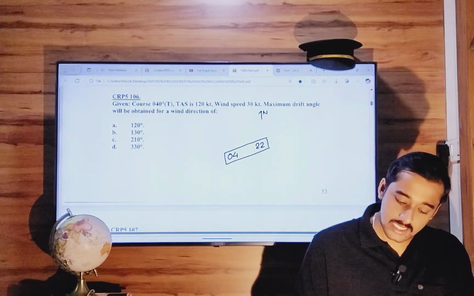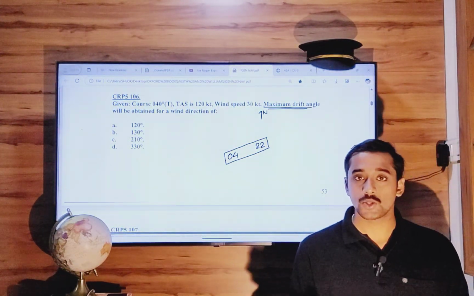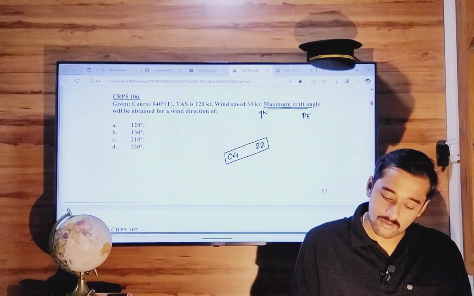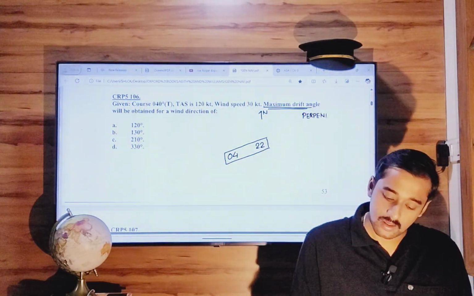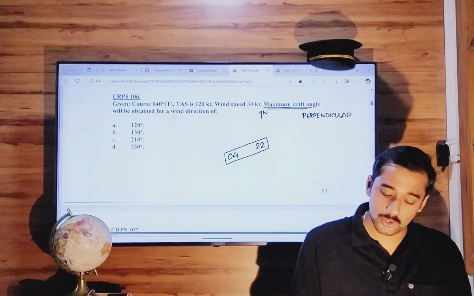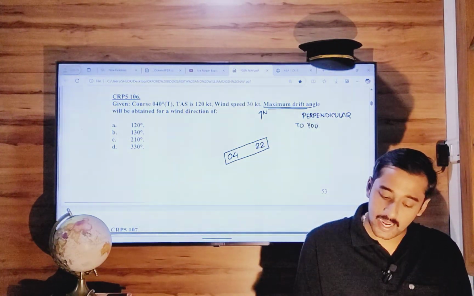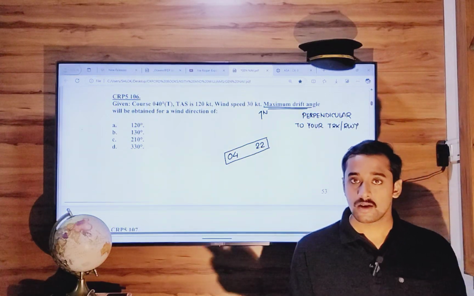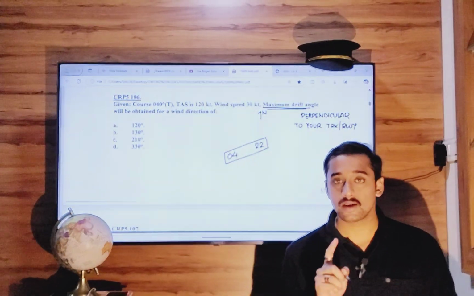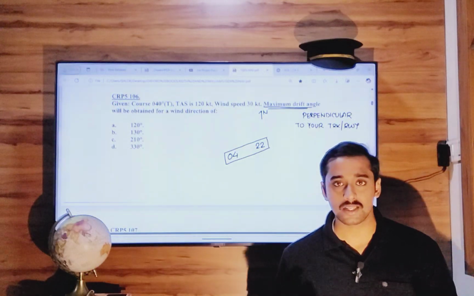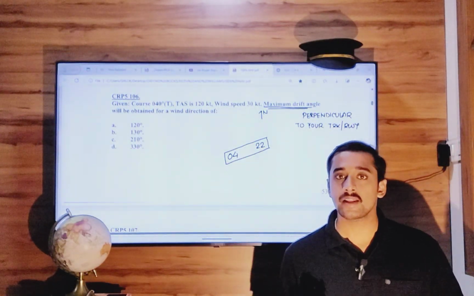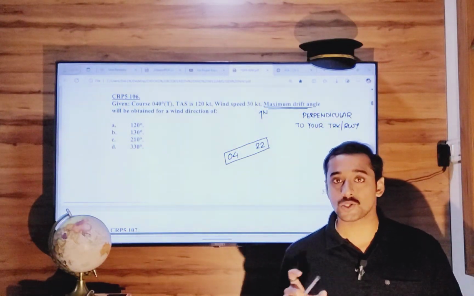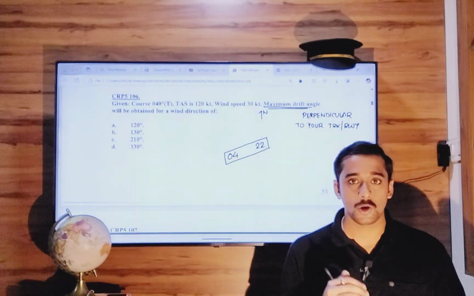Now to get a maximum drift angle means to have a direct crosswind, which is perpendicular to your track or to your runway, right? A direct crosswind of 90 degrees will produce a maximum drift angle. Anything less than 90 degrees will produce a drift, but it will be less than the direct crosswind of 90 degrees to your course or to your track.